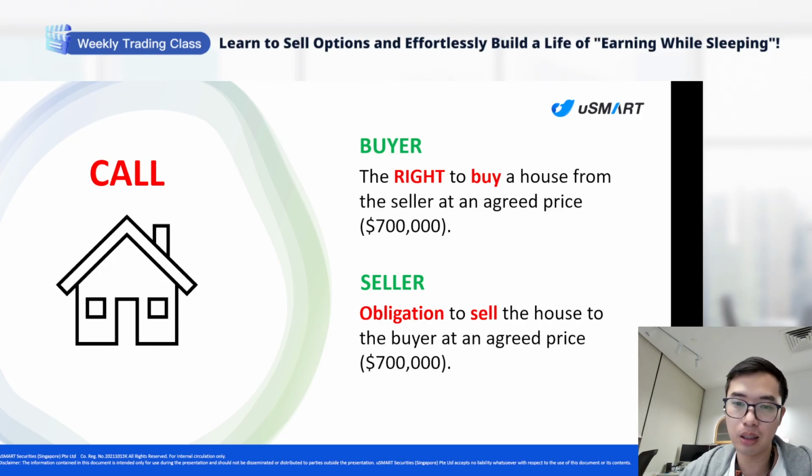Now let's say the house price goes up to 800,000 after 3 months. The seller has to sell the house at a loss, because the market price is 800,000, but he has to sell it at 700,000.